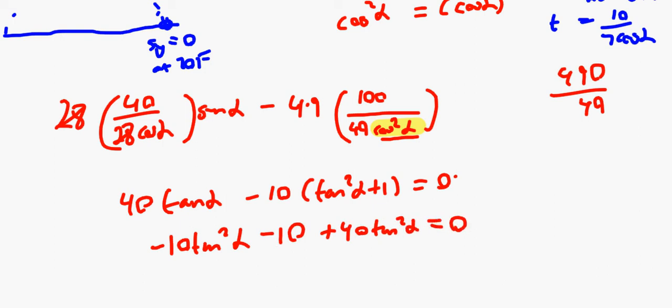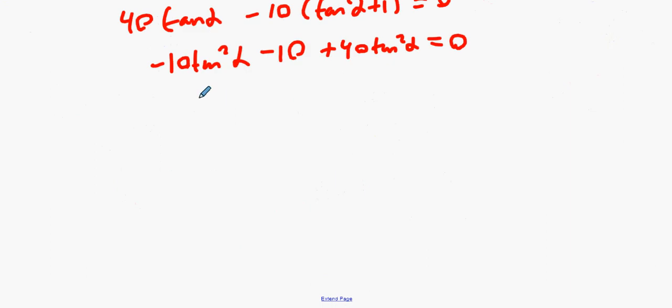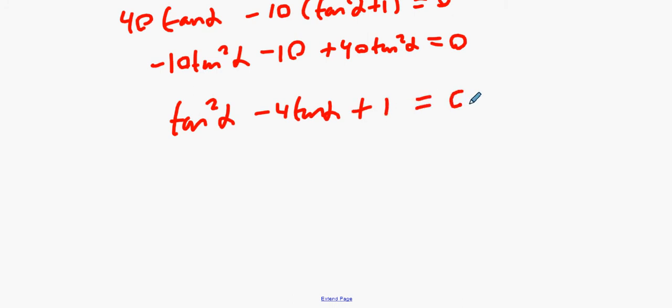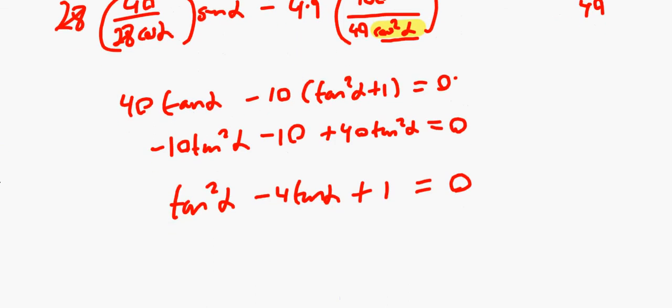I'm going to have to divide both sides by minus 10. So I'm going to get tan squared alpha minus 4 alpha plus 1. Oh, sorry, not 4 alpha, 4 tan alpha, plus 1 equals 0. Somebody double check that for me. Is minus 10 about tan squared tan alpha? Ah, that is a very valid point. I multiplied that one by that one.